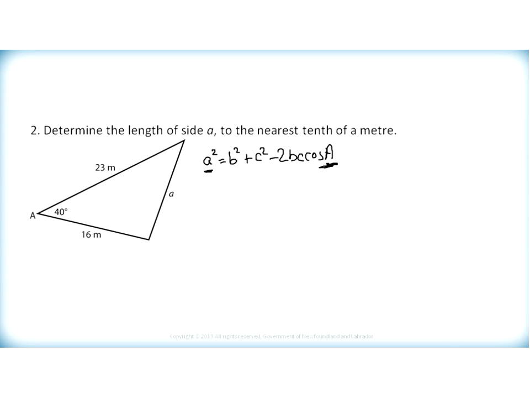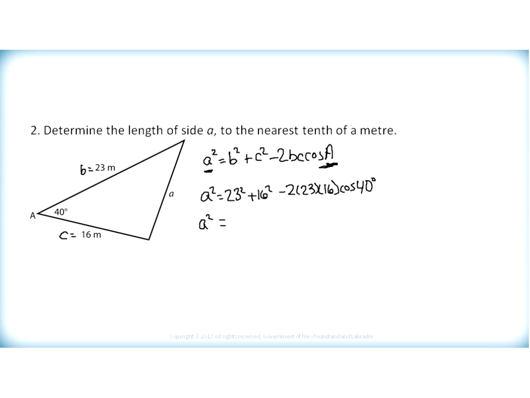So once again, it doesn't matter. I'm going to call this one here B and this one C, but it really doesn't matter as long as we have both sides included. A squared is equal to 23 squared plus 16 squared minus 2 times 23 times 16 times cos of 40 degrees, because angle A is 40 degrees.